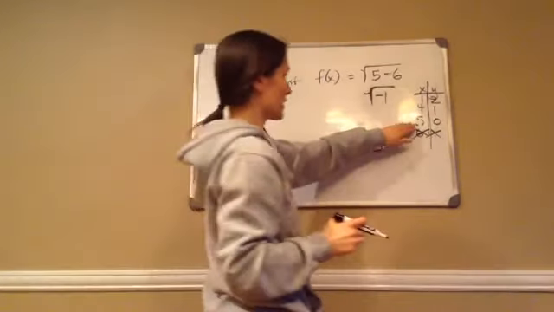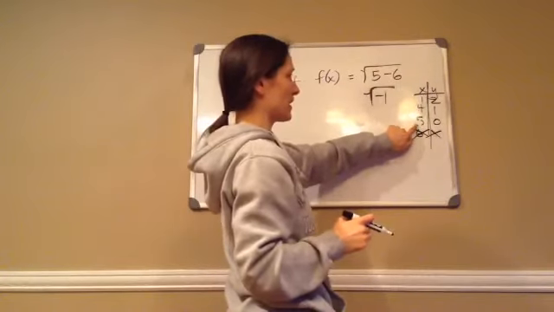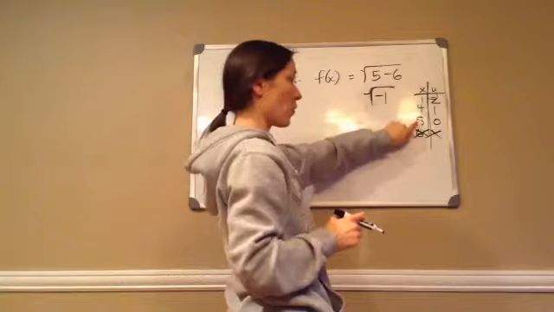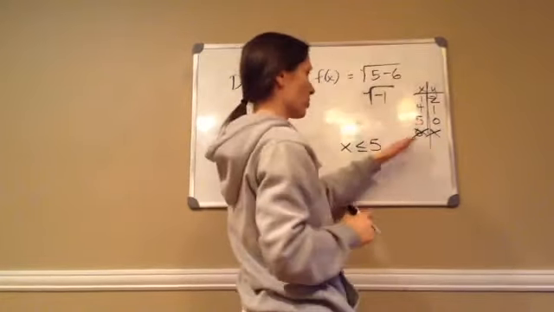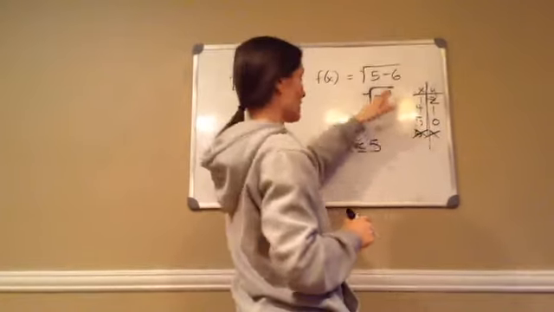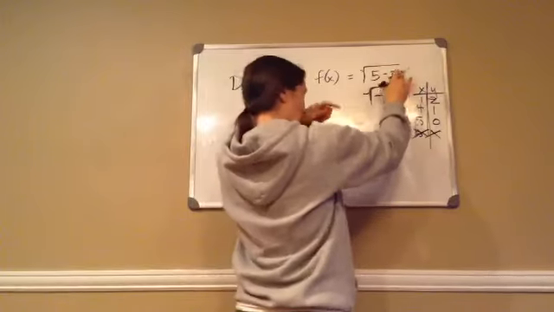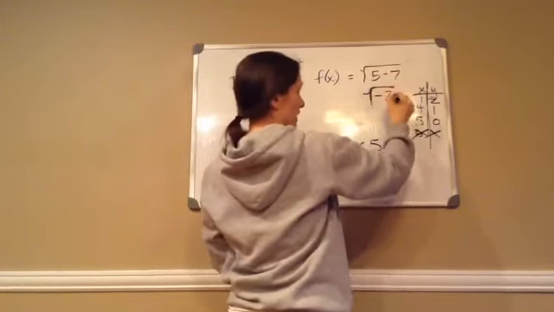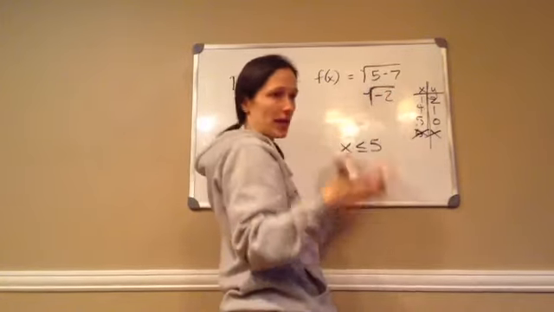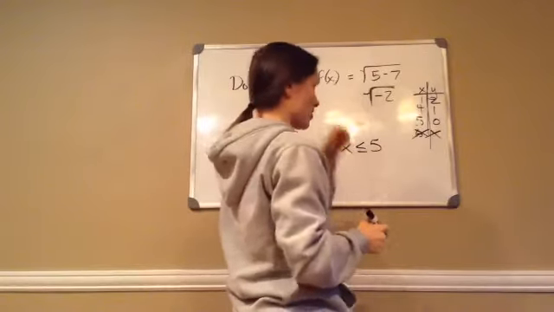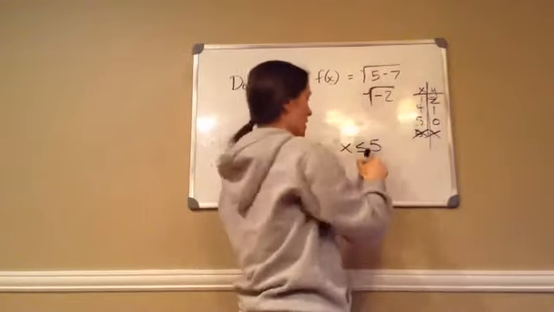Because this is our x, x has to be equal to 5 or less than 5 for this to work. 6, or even 7, if I'd chosen 7, 5 minus 7 would have given us a -2. Again, we have a negative number. Can't do a negative. So the answer has to be 5 or below.